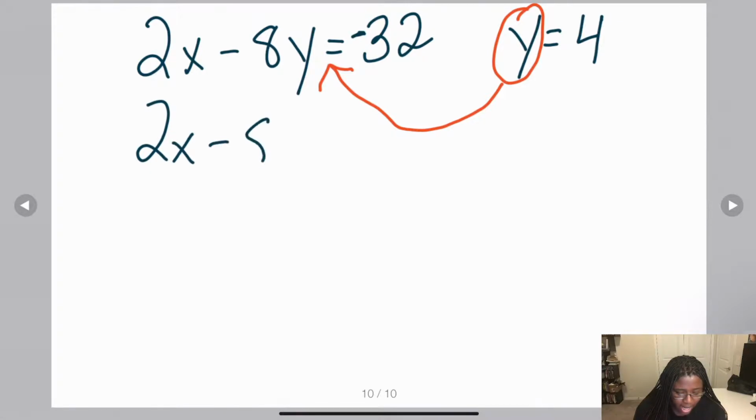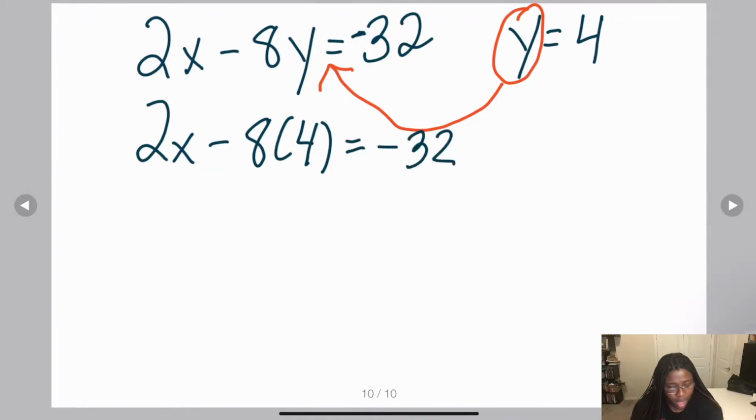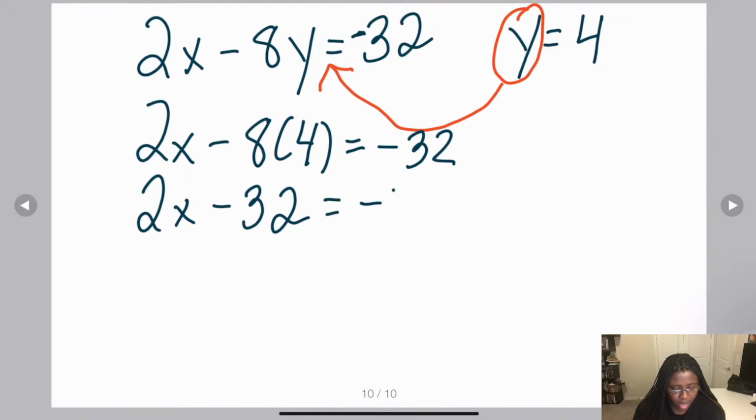So 2x minus 8 times 4 equals negative 32. And then 2x, negative 8 times 4 is going to be negative 32. And this is also negative 32 on the end.